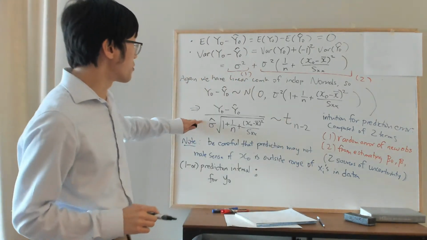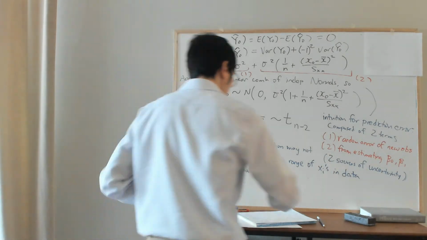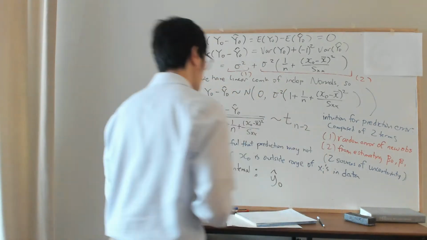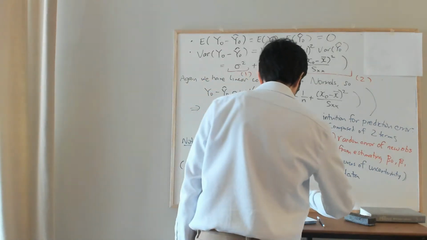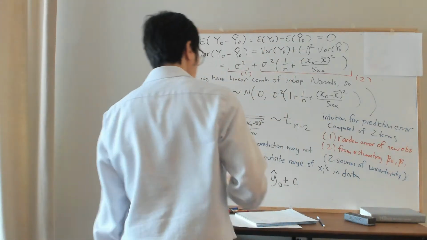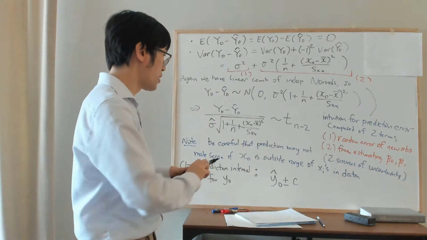We're going to use this reference t distribution. We start with our predicted value, y0 hat, and then we go plus or minus a constant from the t distribution times the standard error.